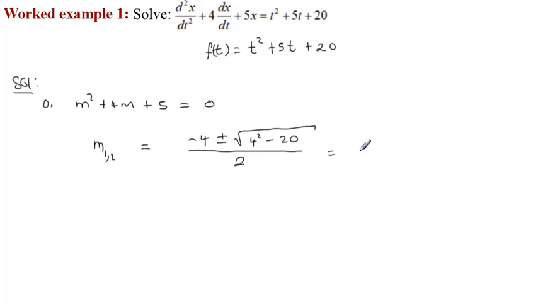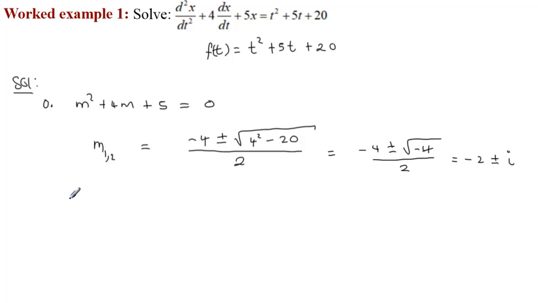Then we get minus 4 plus or minus the square root of minus 4, all over 2, which simplifies to minus 2 plus or minus i. So we've got a complex root there.